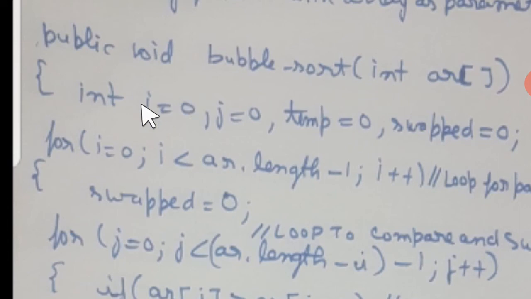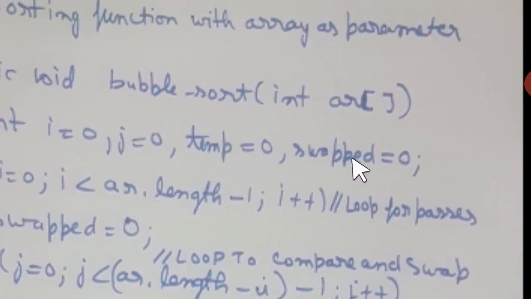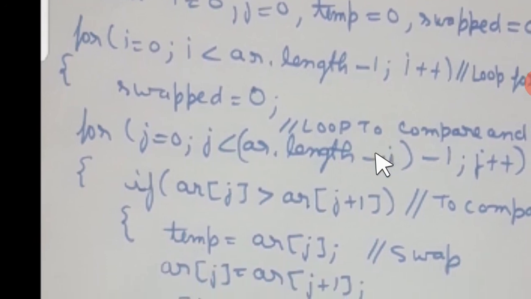You can see the four variables: i is for the loop for passes, j is for the loop for compare and swap, temp stores the data temporarily while swapping is being performed, and swapped is the fourth one, which represents whether data has been swapped or not. I've already discussed it.